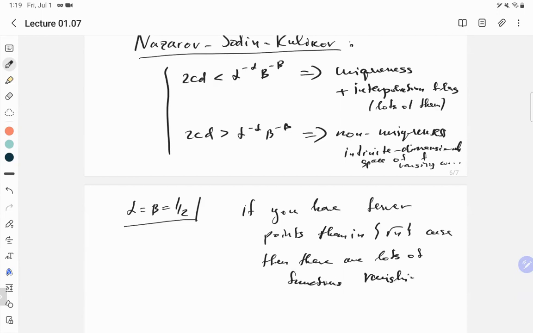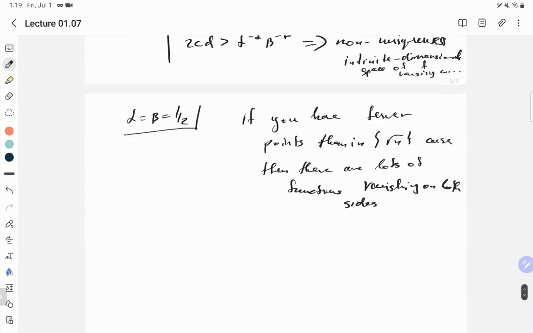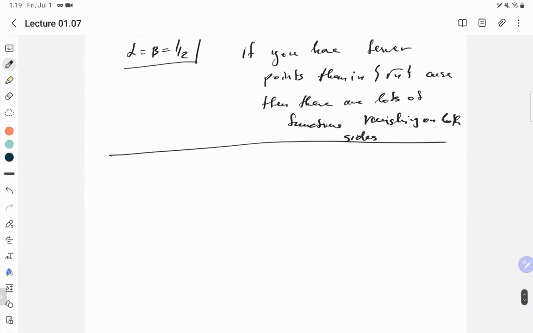I'm getting a little bit vague, but let me just explain where I'm leading. Both sides. So let's come back to the Cohn-Kumar optimization problem.